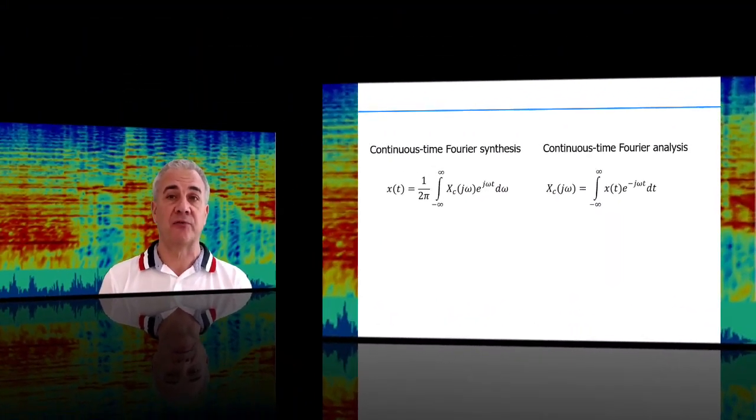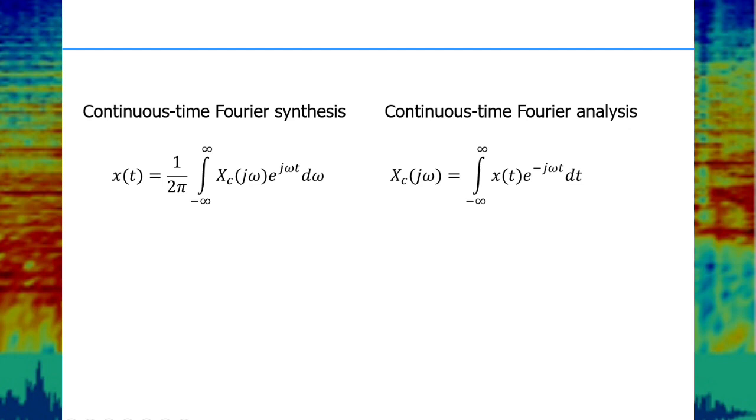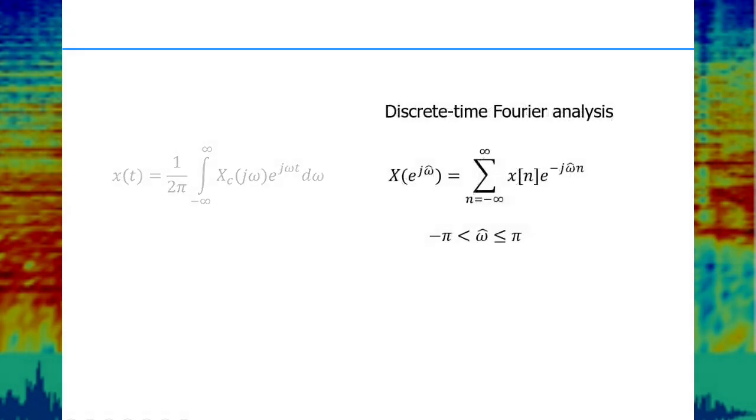We sample x of t so that the time integral in the Fourier analysis becomes a sum over n. The omega remains, but, as we have seen before, it is a relative radial frequency with maximum value pi. That is why we often indicate omega with a hat. The resulting expression for X of e to the power j omega hat is the discrete time Fourier transform.